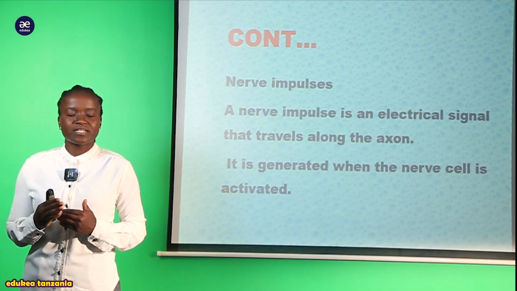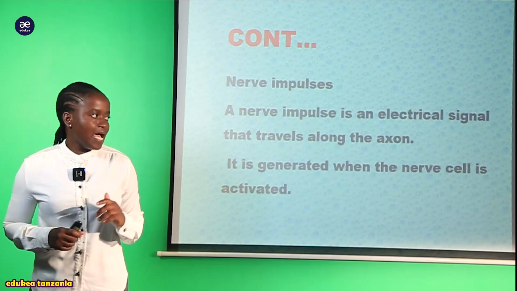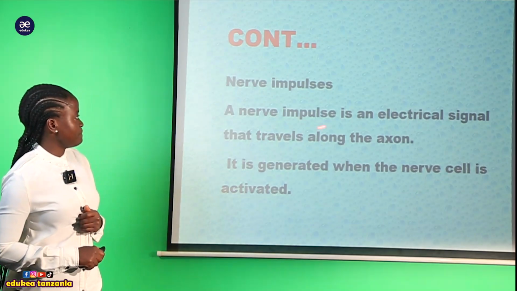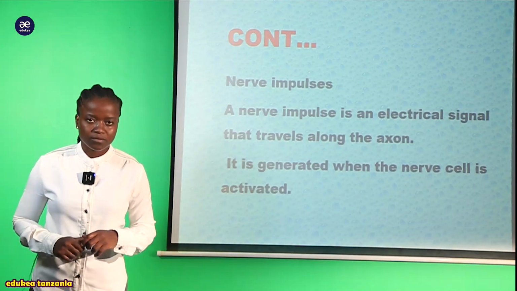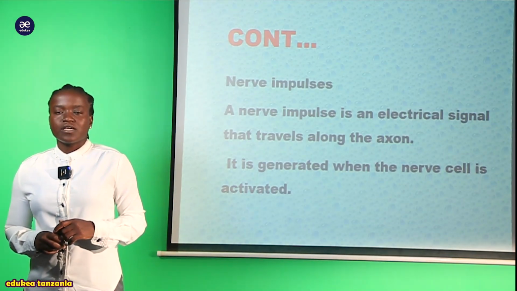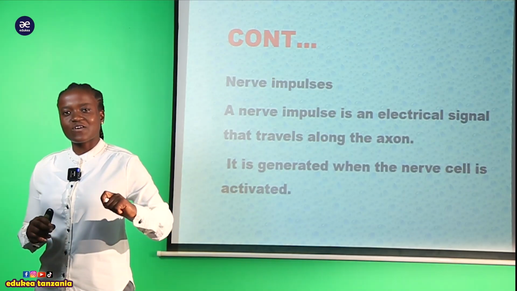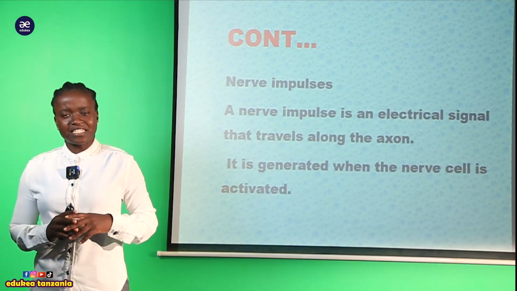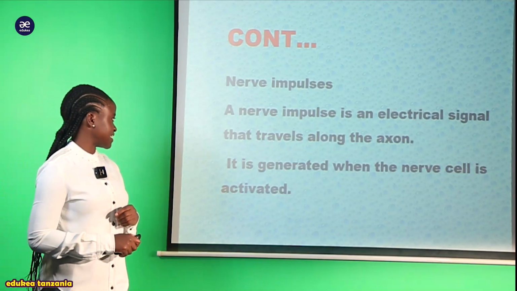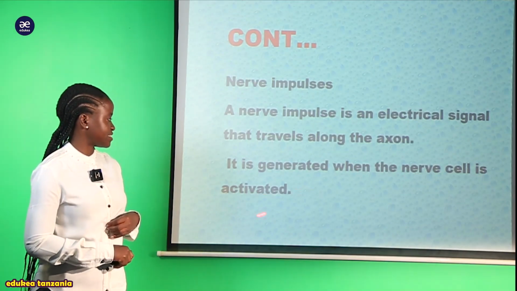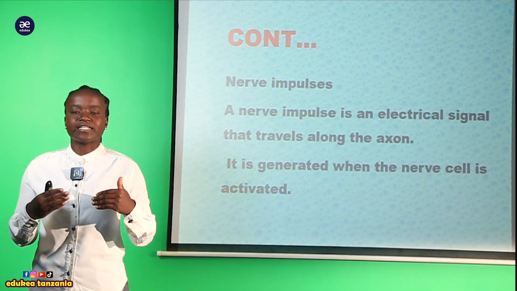So what is this nerve impulse? A nerve impulse is an electrical signal that travels along the axon. It is just like an electrical signal traveling through the axon, and it is generated when the nerve cell is activated.